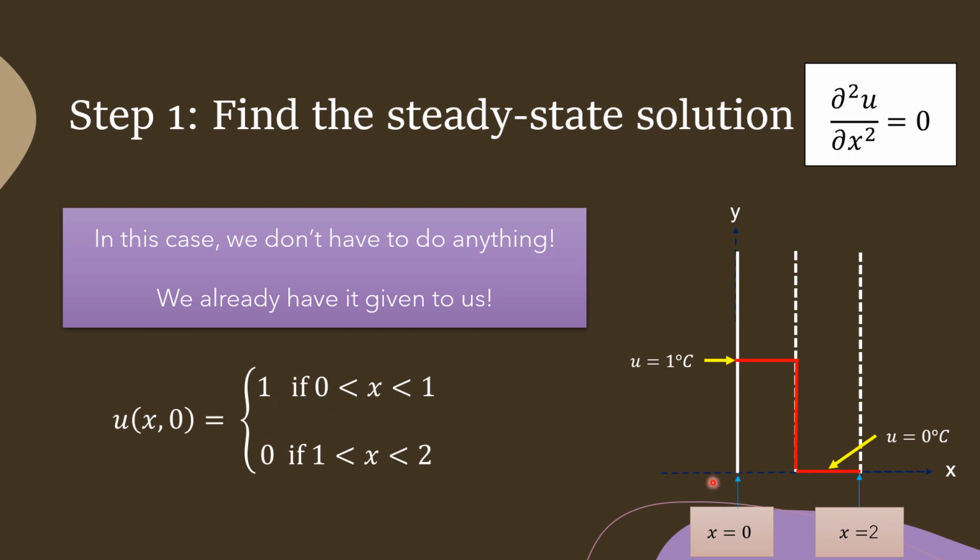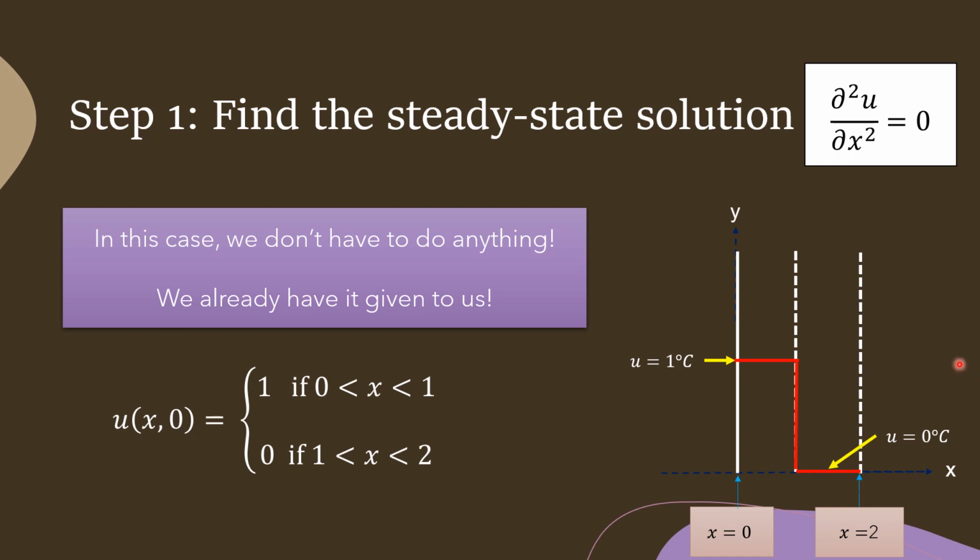So if I do a plot, it will look something like this. From x equals 0 to x equals 1, here you have u equals 1 degree. And then from x equals 1 to 2, you have u equals 0 degrees. So step 1 is completed without doing anything, because you have your steady state solution.